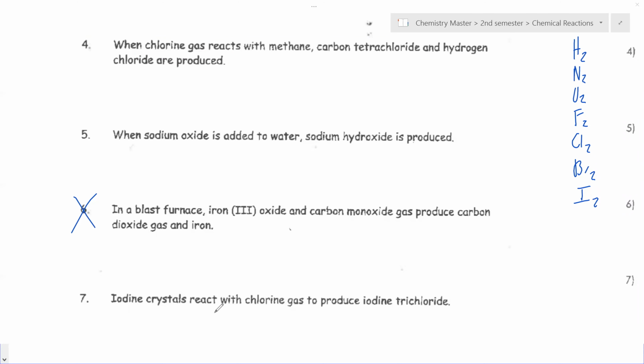All right. This first one, number 4, it says chlorine gas. It's just chlorine. Okay, so the gas doesn't mean anything. So just don't forget that that's a diatomic. Methane, the formula for methane is CH4. Okay, you need to know that. Okay. Then it says carbon tetrachloride and hydrogen chloride are produced.